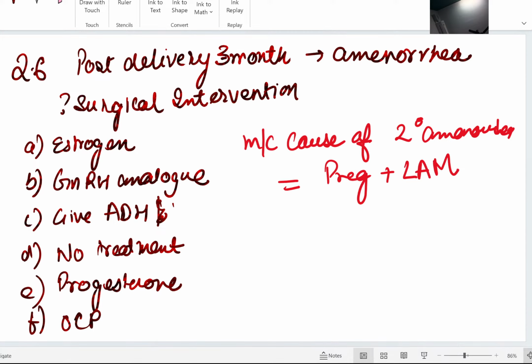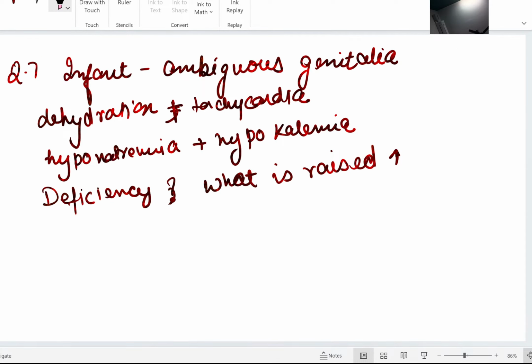So you have always to consider lactational amenorrhea along with pregnancy. So the answer to this question is no treatment.